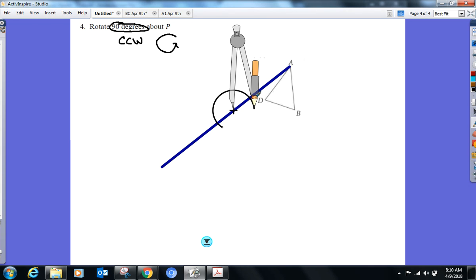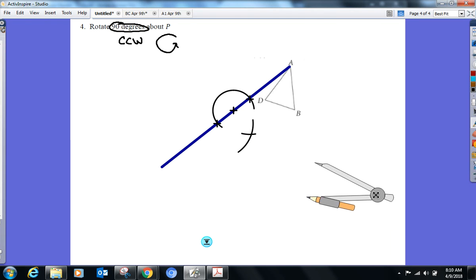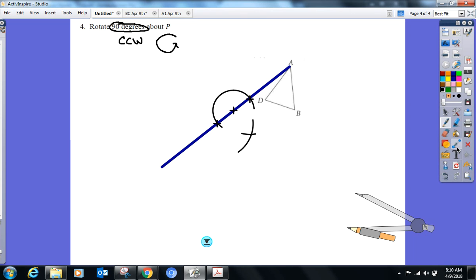From there, you can open up your compass a little wider, keep it the same. It's up to you. Go to each point of intersection, swing an arc, go to the other point of intersection, swing an arc. There you go. And now you should have your perpendicular line that you can draw through now.